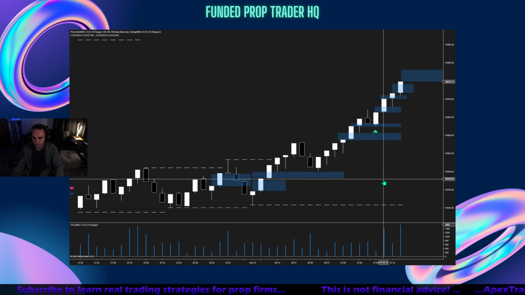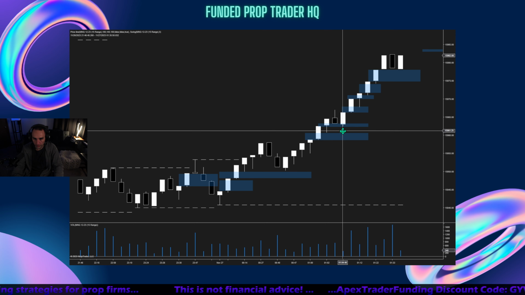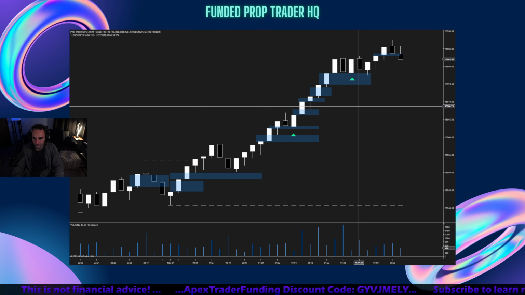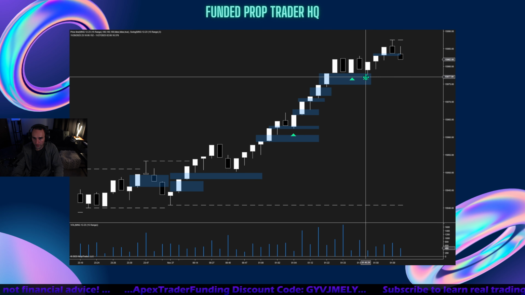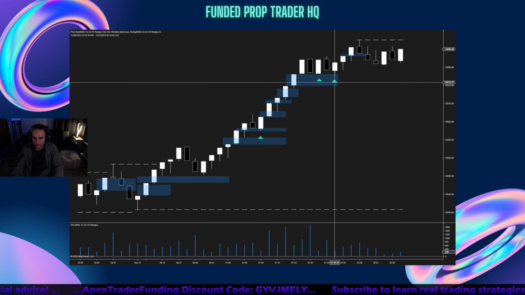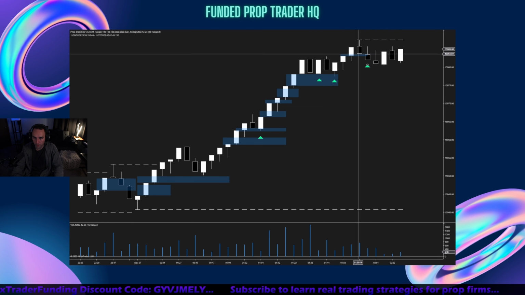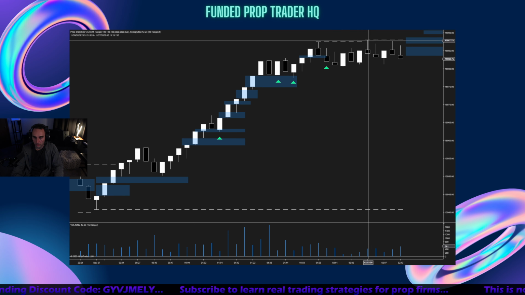Another gap, another gap, another gap, another gap. Another opportunity perhaps to go long right there. Or if you didn't quite get filled that time, you could be filled right there. You have another long right there. Stop is below this bar. Target is the high. So there we go.